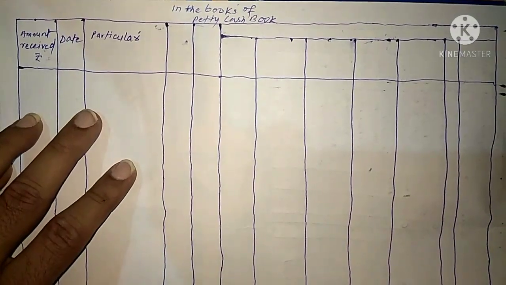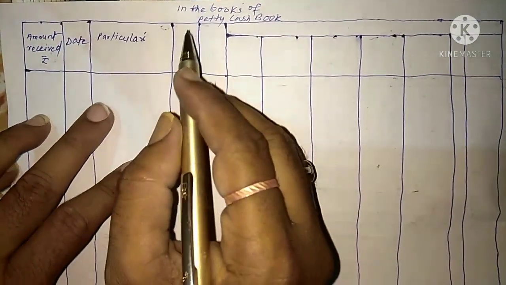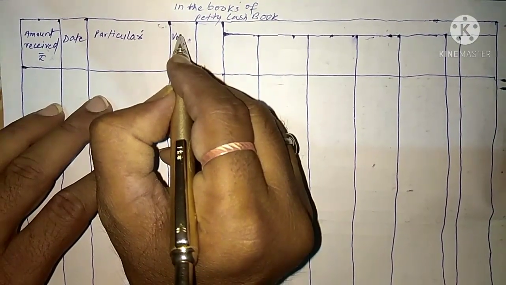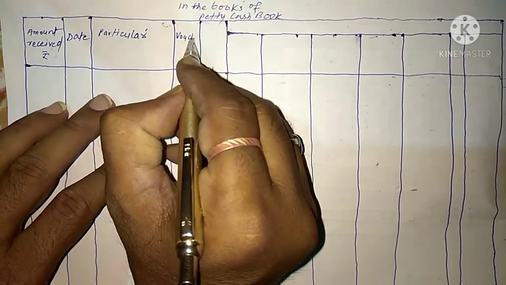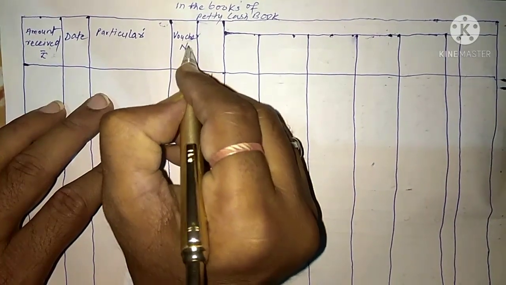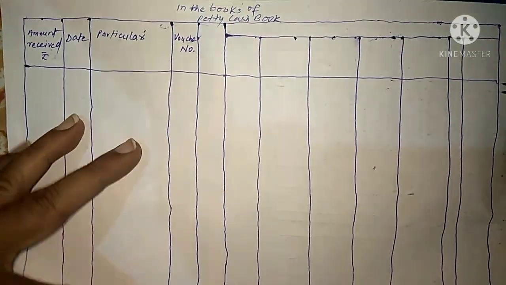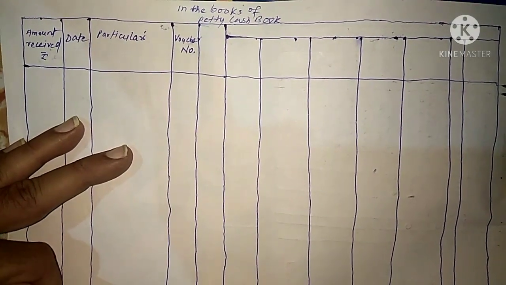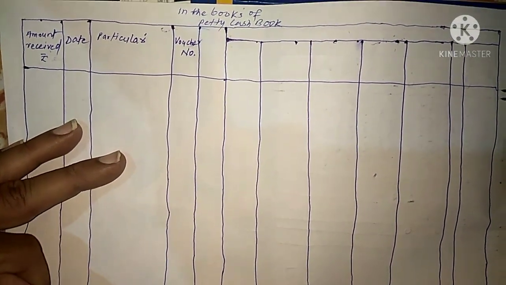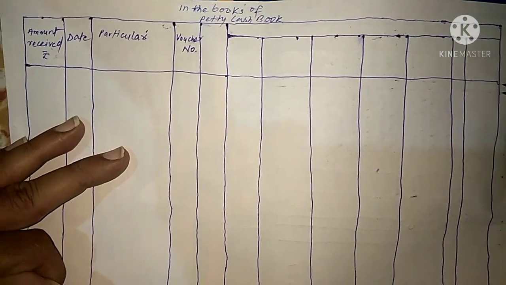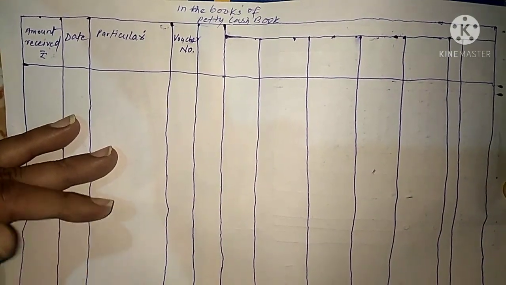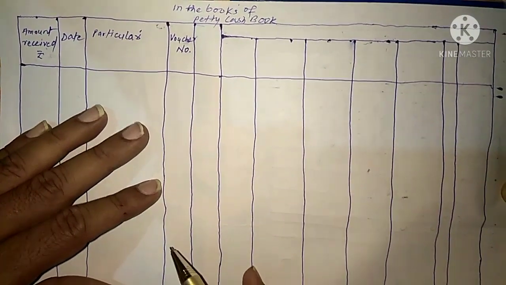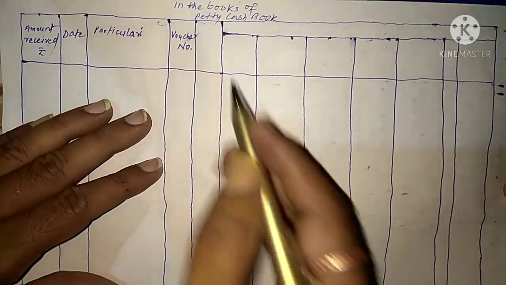In the next column we have to write the voucher number. And then after that, in the next column, that is the total amount paid.